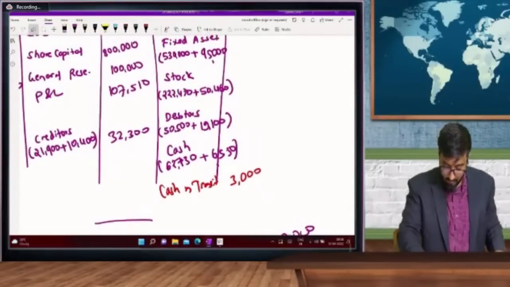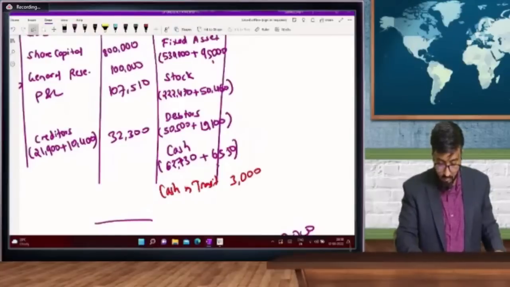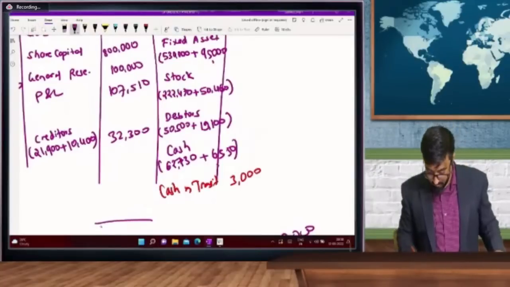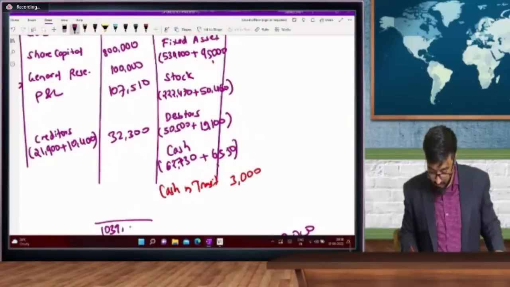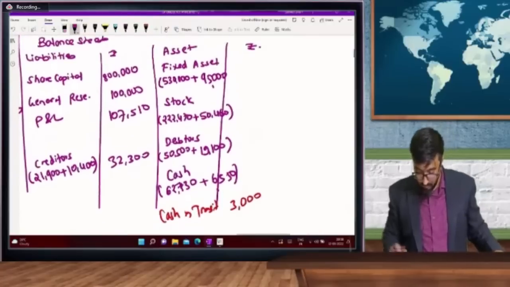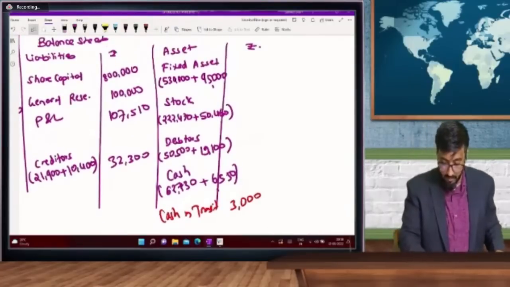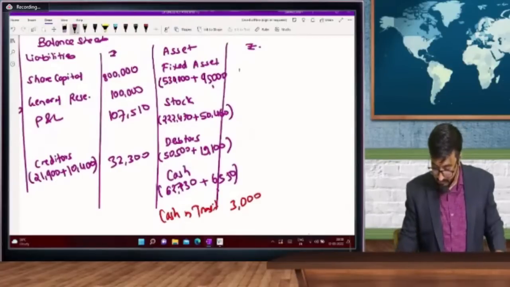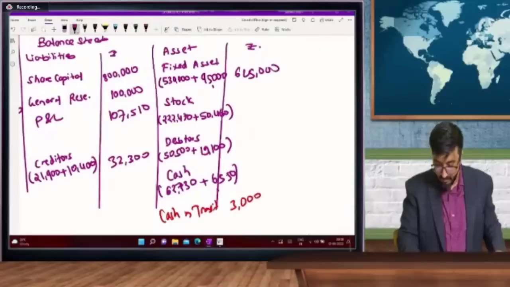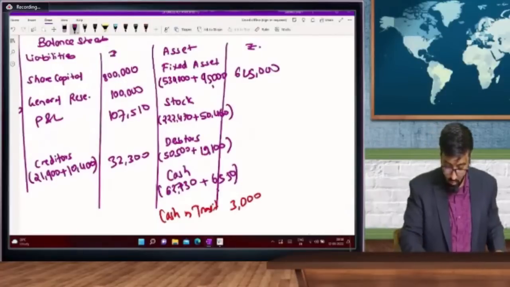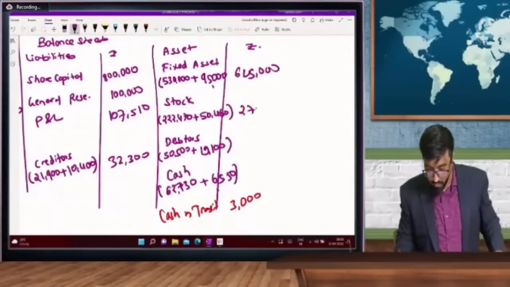Fixed assets 530 plus 95,000, plus 222.47 plus 50,460, 272,930.